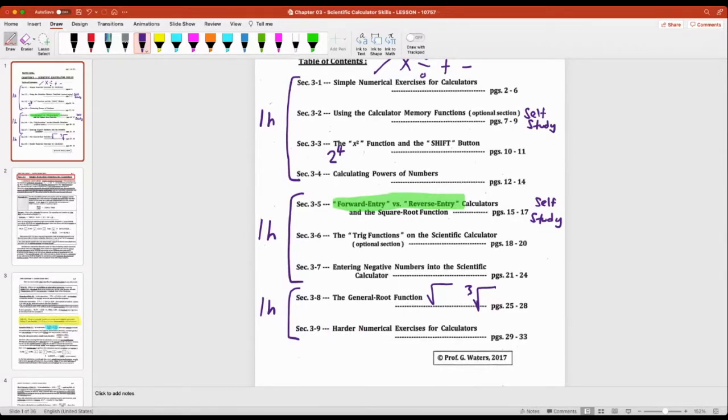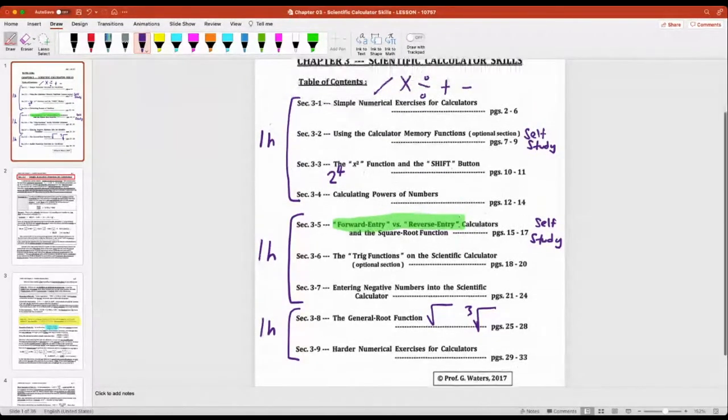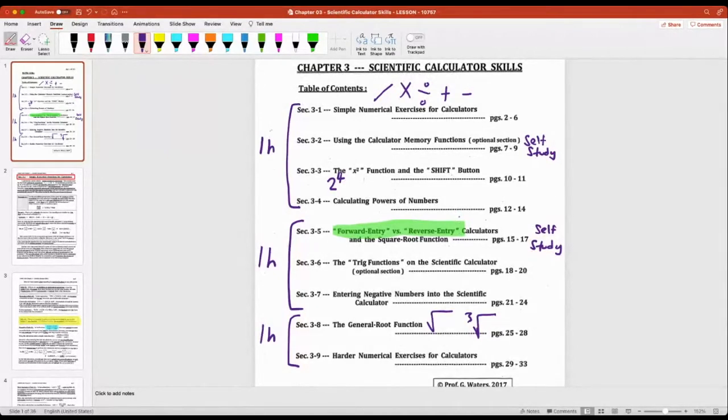So supposedly, we're supposed to spend 3 hours on this. I honestly don't think it's going to take us 3 hours to do this lesson. So what I'm thinking is, let's go through this booklet. We're not going to rush it. We're just going to go through the booklet and see what happens. And if there's any time left over, for example, on Friday, let's say that we finish the booklet today.